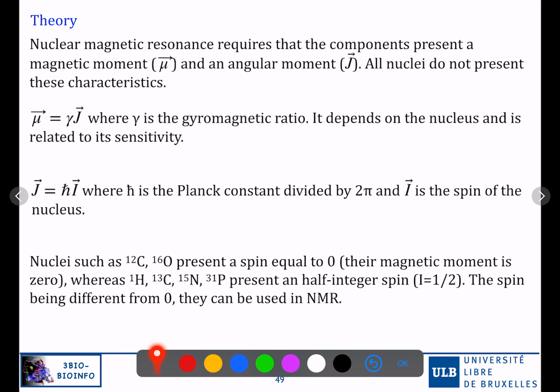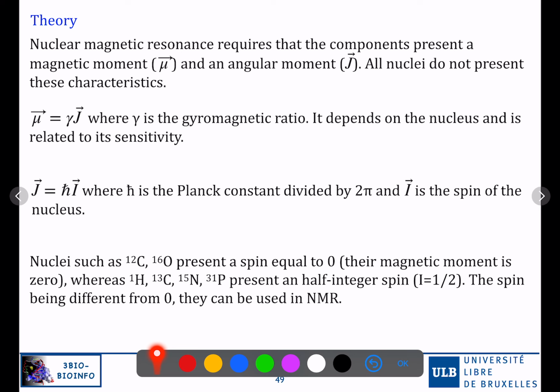If the spin I is equal to zero, then the magnetic moment is also equal to zero, and it's not possible to have an interaction between this nucleus and the magnetic field, and so it's not possible to do NMR with a spin that is equal to zero.